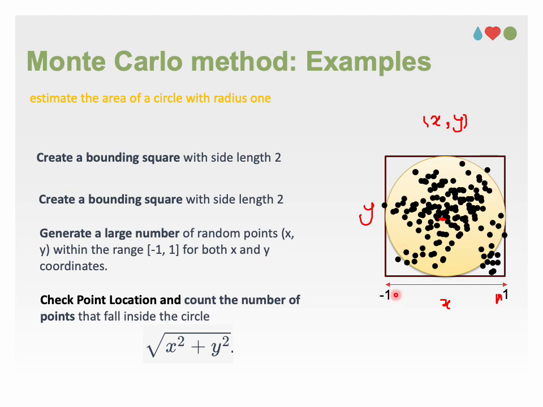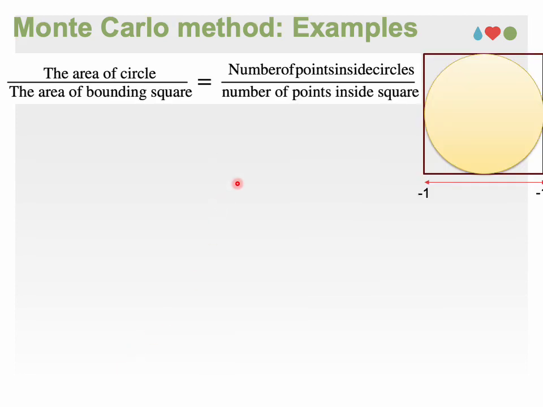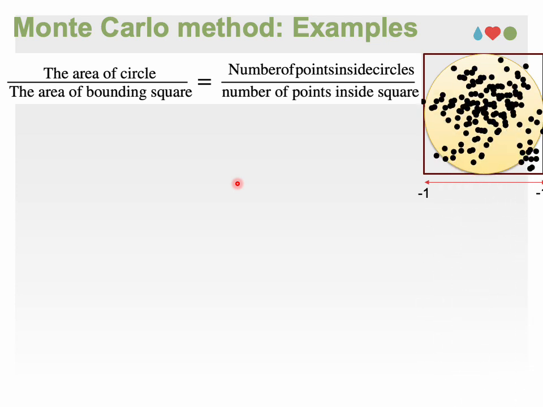We are now ready to estimate the area of the circle using the Monte Carlo method. If we increase infinitely the number of sampling pairs or points, we know intuitively that the ratio of the area of the circle to the area of the bounding square is equal to the ratio of the number of points within the circle to the number of points within the bounding square.